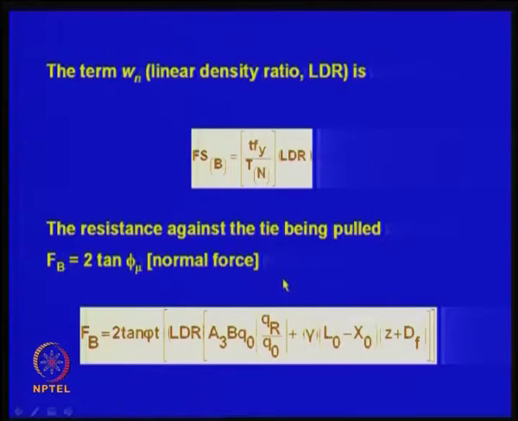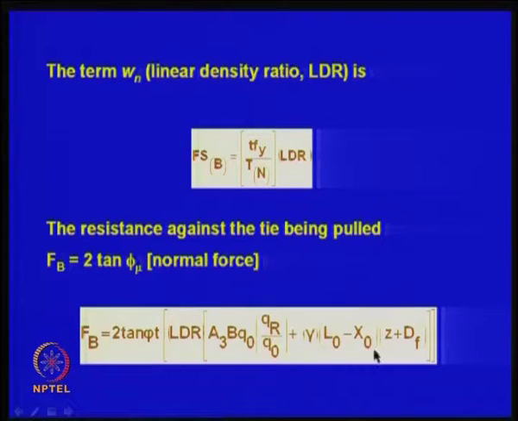Normal force at any point is gamma b into height, right. Z plus dF is nothing but the normal force. So, gamma gives you what is called the vertical stress. Vertical stress into L naught minus x naught. L naught is the total length, x naught I am subtracting. So, L naught minus x naught will give me this, and this other term comes from the stress distribution, and LDR. This is all that factor that you get from distribution, and 2 tan phi, phi mu actually.